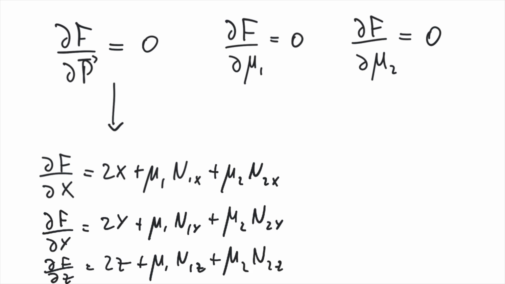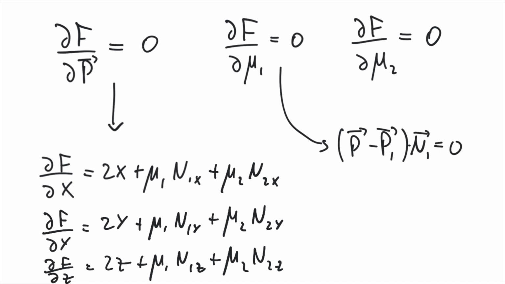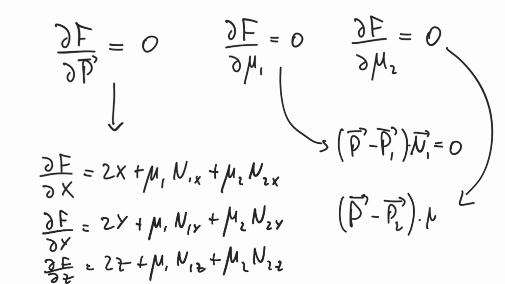And the equations that are given by the Lagrange multipliers are simply the equations for the planes. So p minus p1 scalar product n1 is 0, and p minus p2 scalar product n2 is 0.